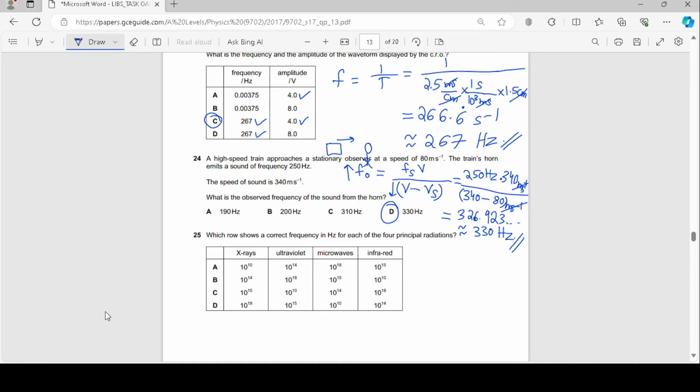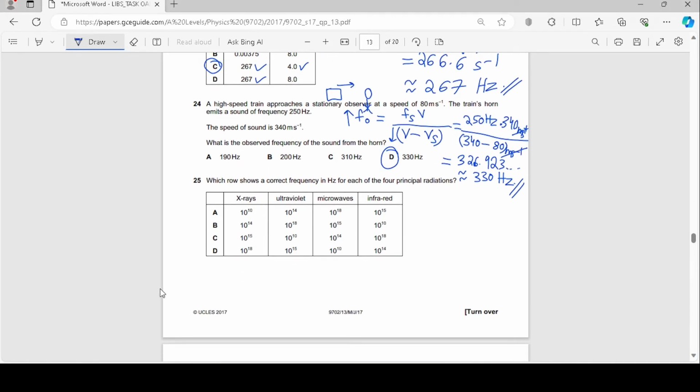Okay, so then which row shows a correct frequency in hertz for each of the four principal radiations? This is a very much memorization based question, and you can probably find the chart or the diagram somewhere.